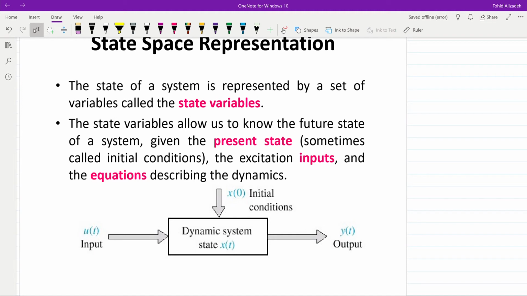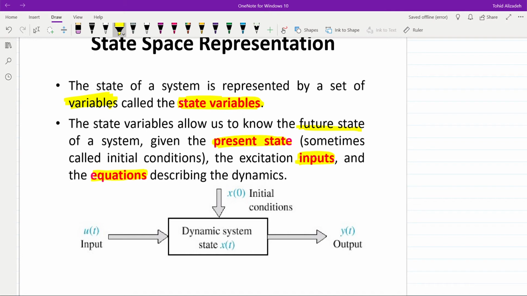The state of the system is represented by a set of variables, and those variables are called the state variables. So we will deal with the state variables, and they will give us complete information regarding the behavior of the system. They allow us to know the future state, so how the state of the system will be in the future. Once we have the present state, or the initial conditions, the excitation inputs, and the equations which describe the dynamics of the system, having these three, we can predict the future states.